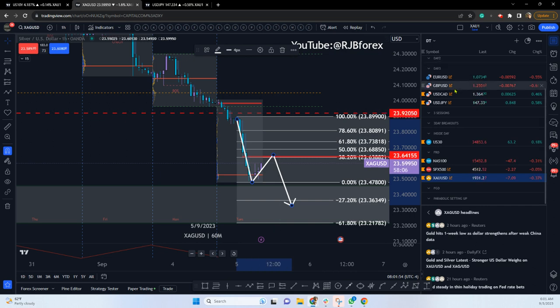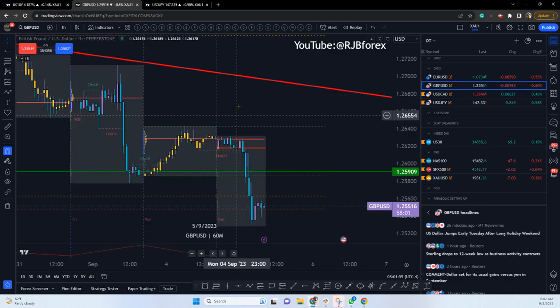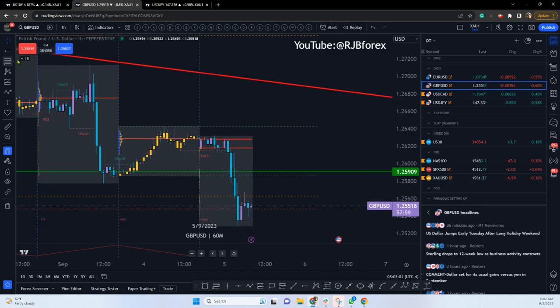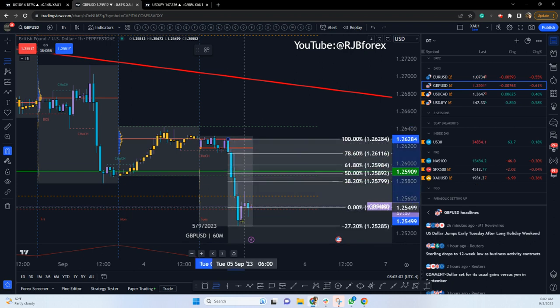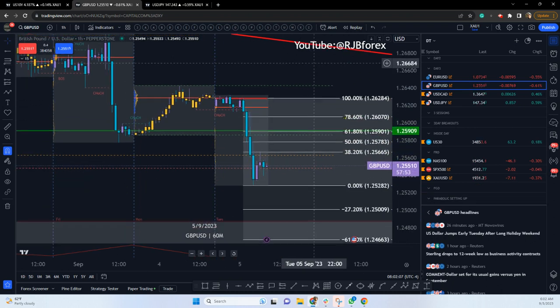So I'm being asked about cable here, so sterling dollar, same scenario here. Look, we're correcting here. We've already hit a 38.2 correction.